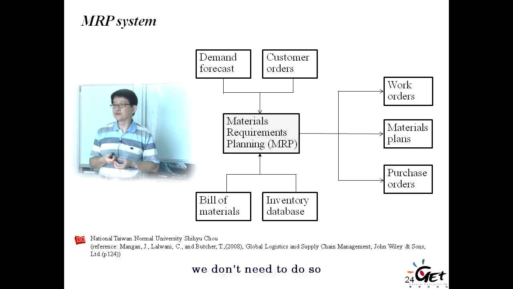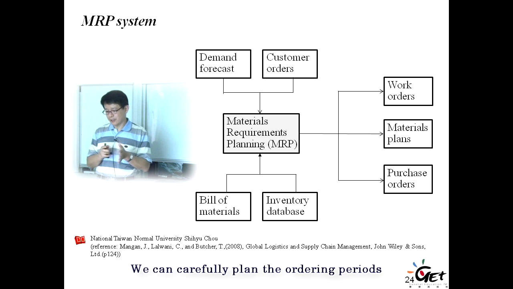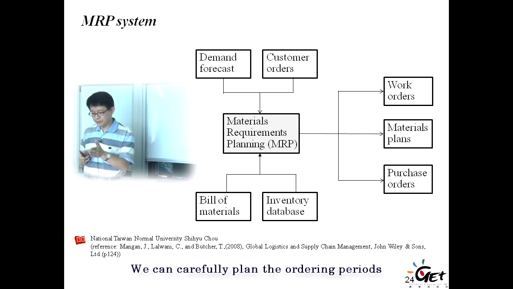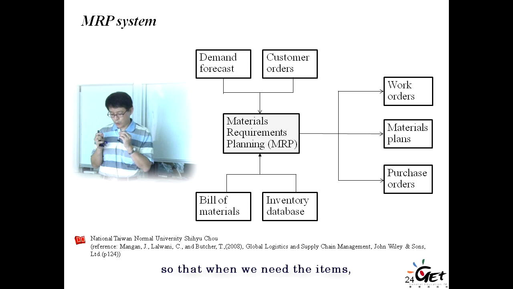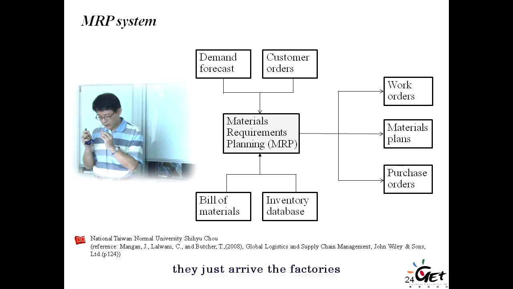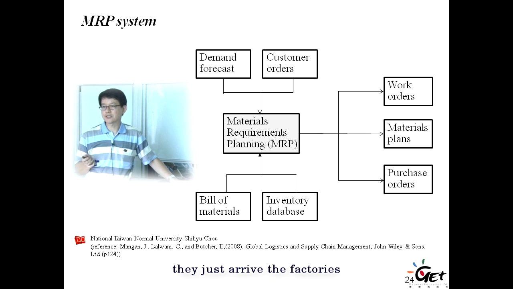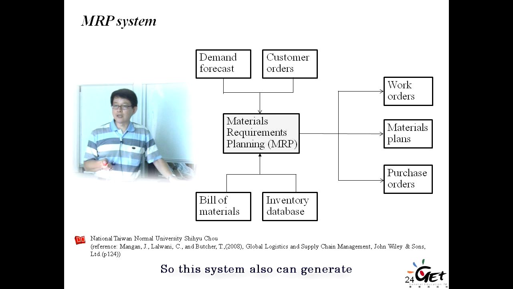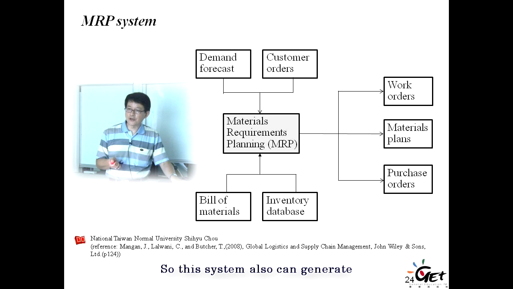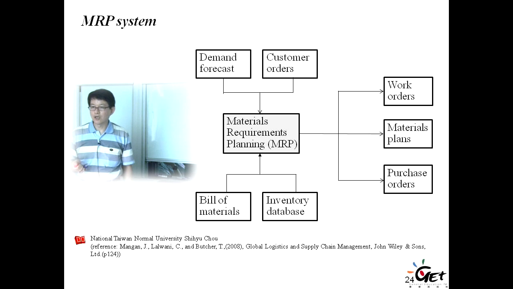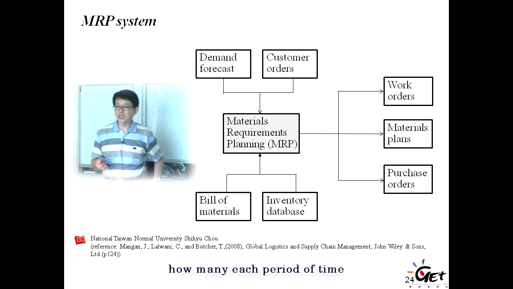We can carefully plan the ordering periods so that when we need the items, they just arrive at the factories. This system can also generate work orders to tell factories how many products to produce and assemble each period of time.